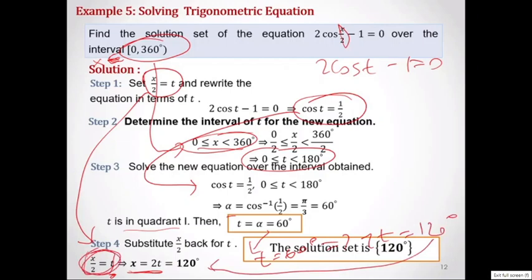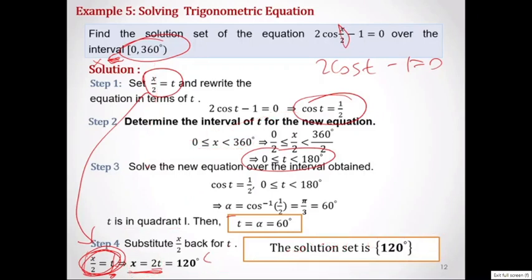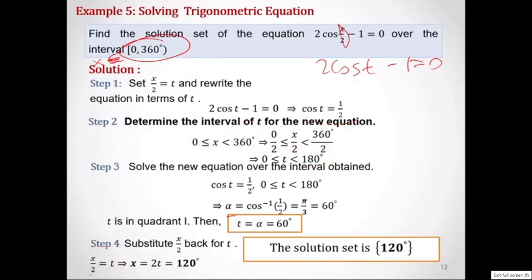So you see the conversion between x and t. X over 2 is t, so x is equal to 2t. We know t is equal to 60, so 2t will be 120. So we solve it this way. It's a little tricky. We convert x to t first, and we change everything to t. Then after solving it with t, we get back to x again.